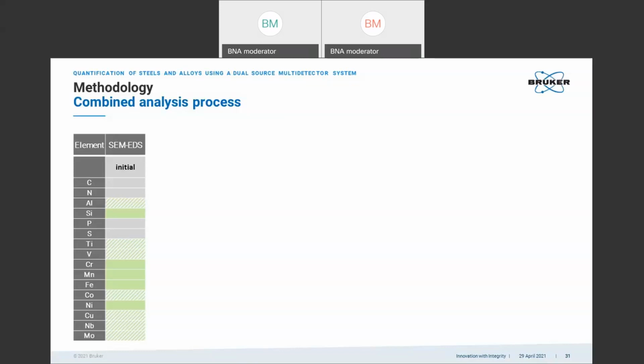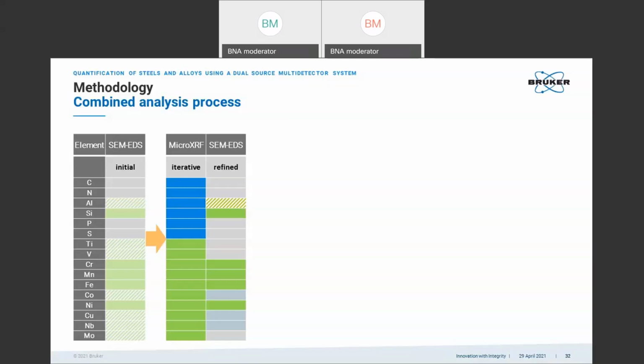In green are elements that can be well determined by EDS, for example silicon and the major elements chromium, manganese, iron, and nickel. There are also some greenish striped regions like aluminum, titanium, vanadium, cobalt, and the transition metals, which can be determined by EDS when the concentration is high enough. So it depends on the concentration.